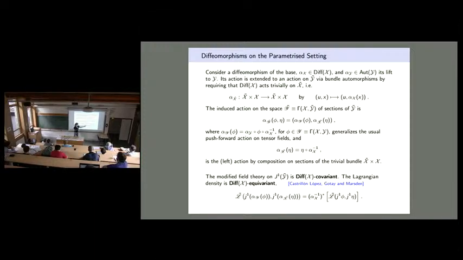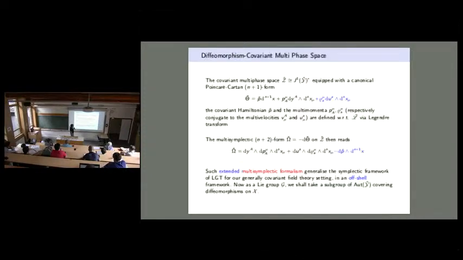So the modified field theory now becomes diffeomorphism covariant because the Lagrangian is diffeomorphism equivariant, in the sense that if I apply the action of the diffeomorphism to my fields, then I get this nice equivariance property. This is fundamental, and to get equivariance is the basis of the Souriau approach for the momentum map.